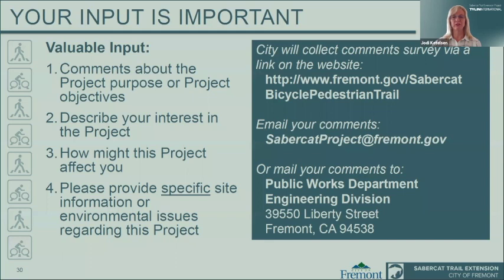What are the issues? Do you feel that it would engage more activity or less activity, or will it affect your environment? What specific environments are you interested or concerned about? And any sort of site information that you feel like we should know. We are surveying the site in a lot of detail, from archaeological to biology to hydrologically, but things that are unique that you know about, we would welcome that input.